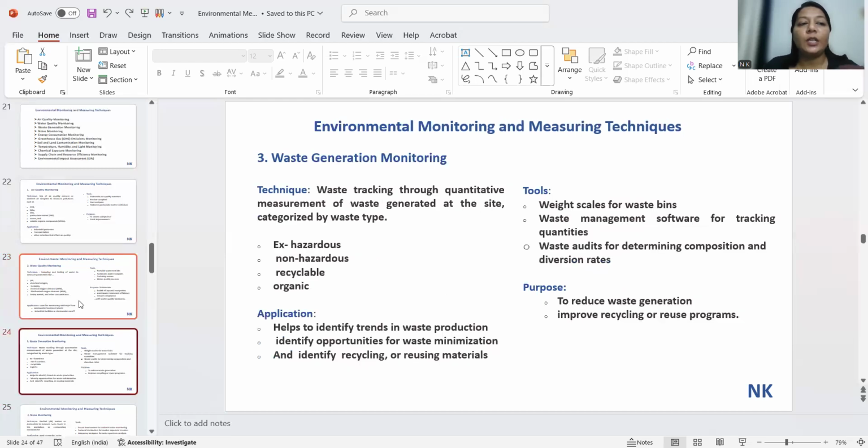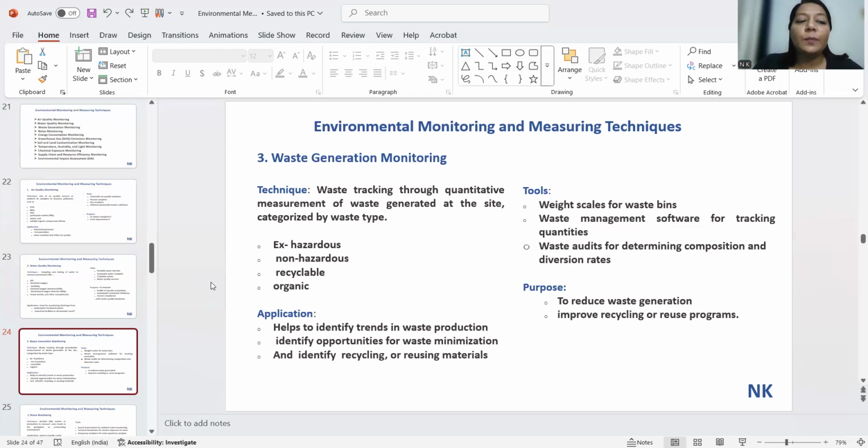Next point is waste generation monitoring. This technique is waste tracking through the quantitative measurement of waste generated at the site, categorized by waste type: hazardous, non-hazardous, recyclable, and organic.